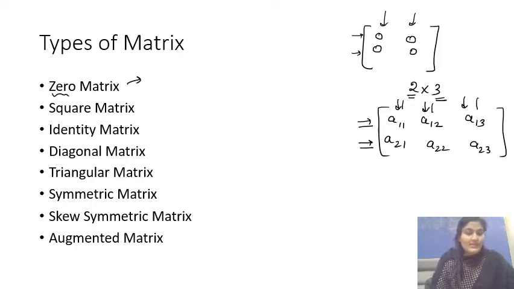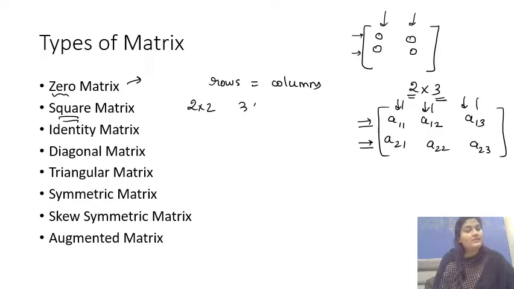So when we say square matrix, that means the number of rows and the number of columns are the same, are equal. That means a matrix of order 2 by 2, 3 by 3, 4 by 4, in general n by n order, right?